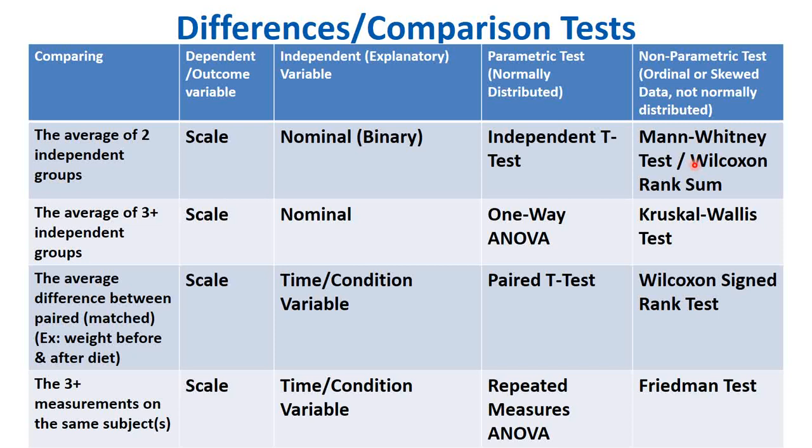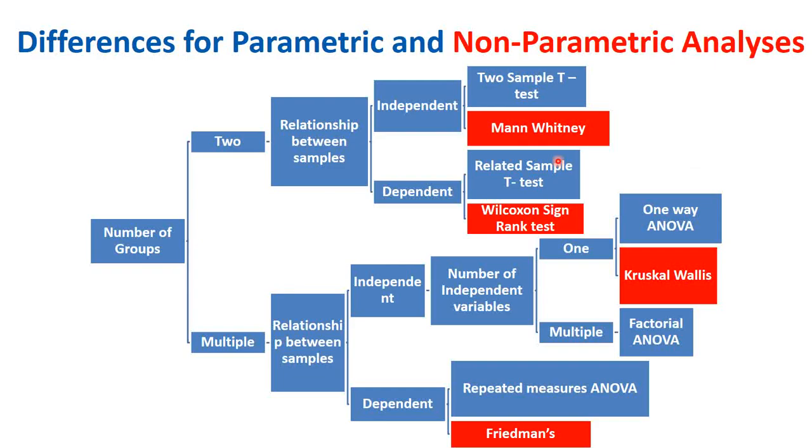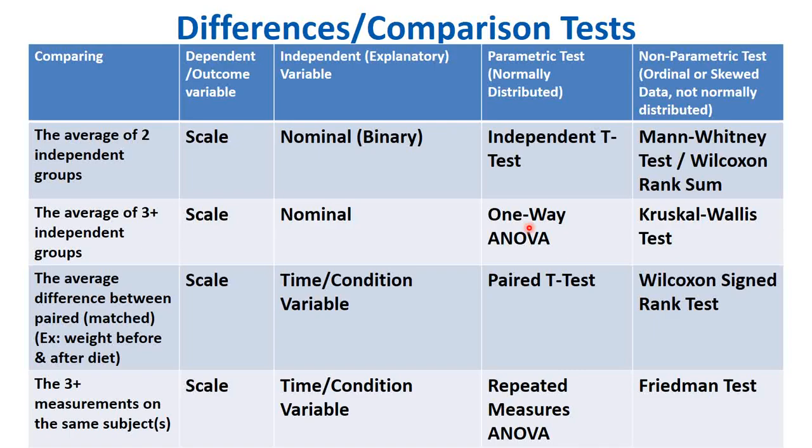A non-parametric version of that would be a Mann-Whitney or a Wilcoxon signed-rank, depending on whether they are related or not related. Remember that the Mann-Whitney is independent. The Wilcoxon signed-rank is for related or dependent variables. If you have 3 or more groups, then you're looking at a one-way ANOVA or a Kruskal-Wallis.